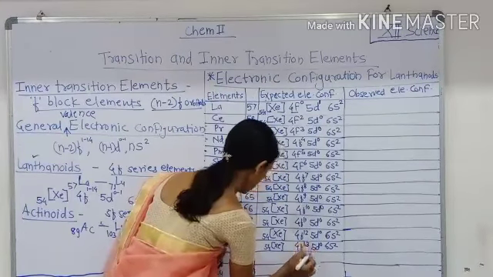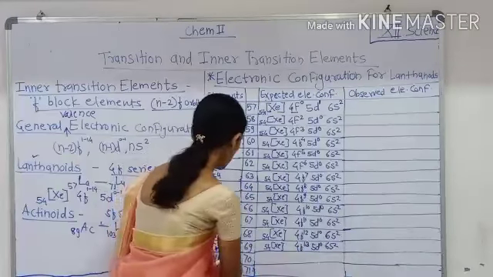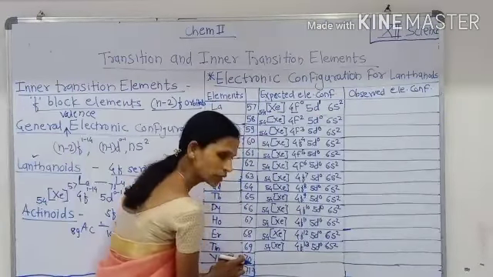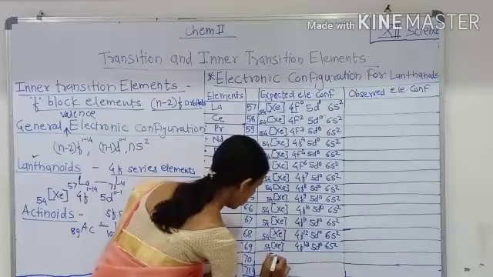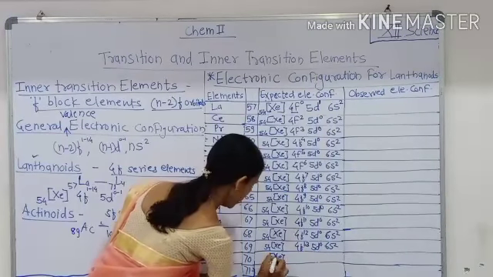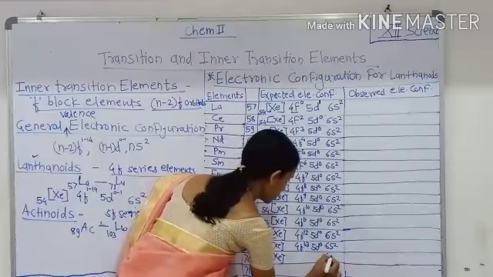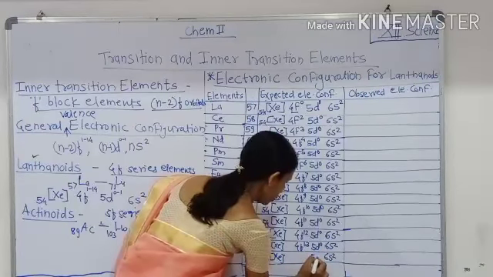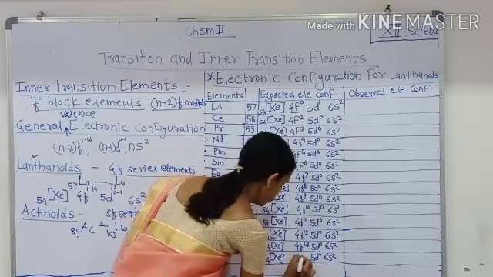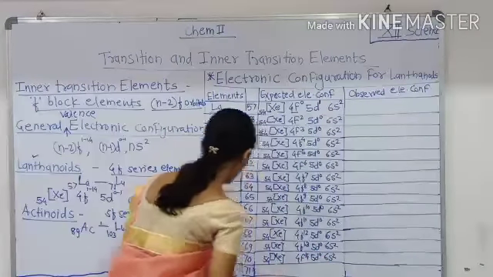For ytterbium, atomic number 70, xenon 54, 6s2, 5d0 and 4f14.